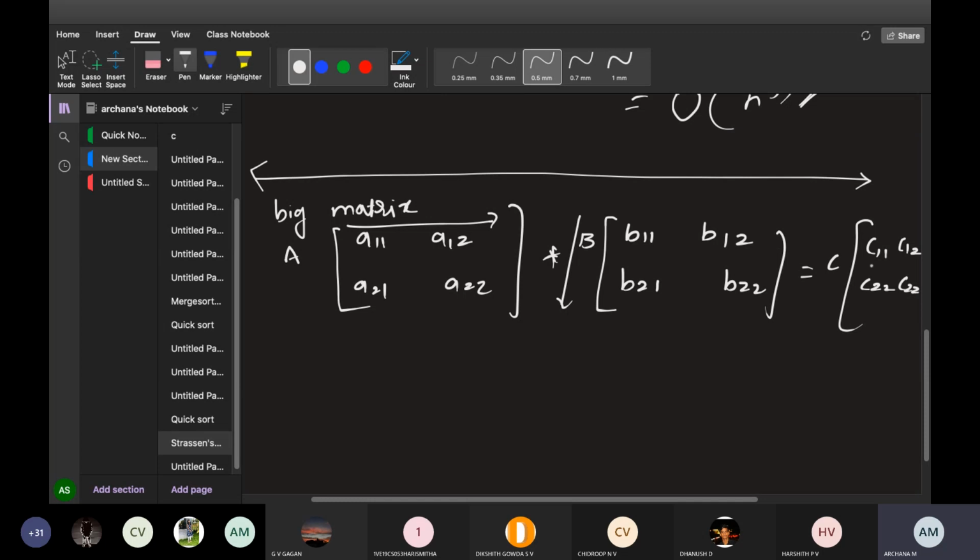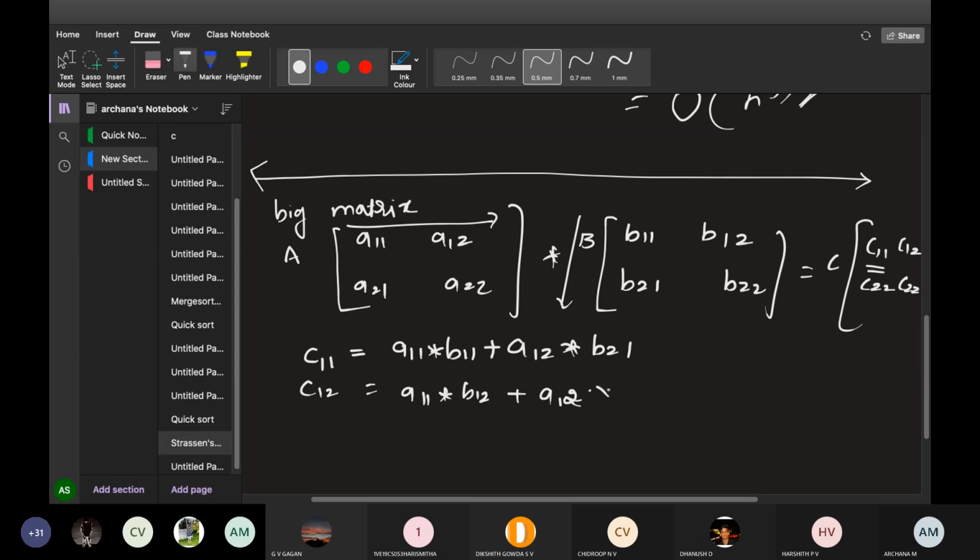So when we multiply, for example, I should get C11. What is C11? Can anyone tell me C11? A11 star B11 plus A12 star B21, right? Then what about C12? A11 star B12 plus A12 star B22.